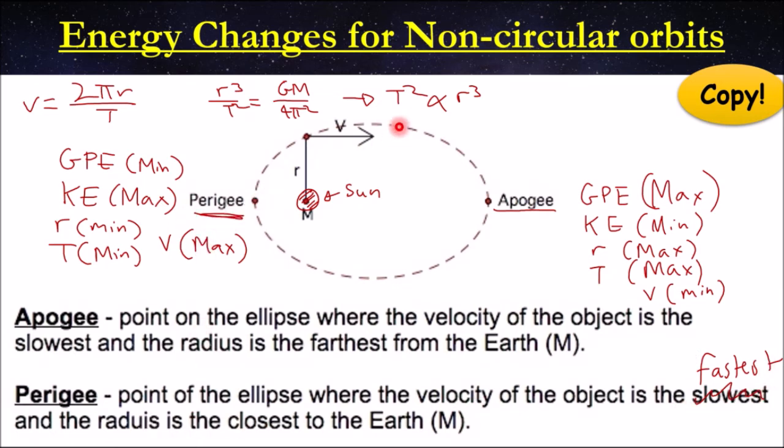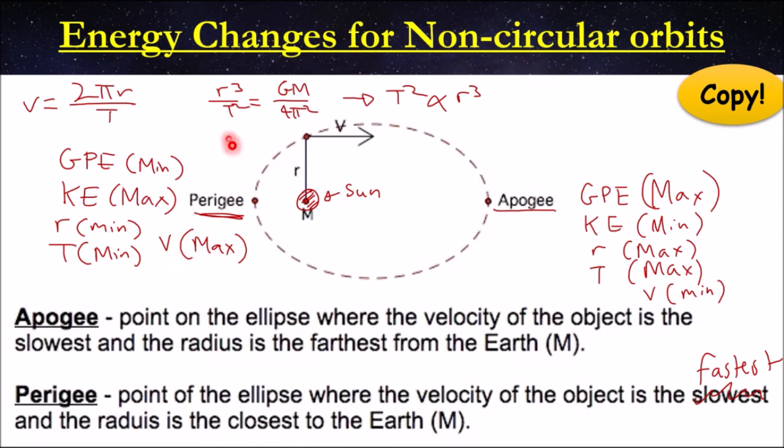So, as we know, if radius is directly proportional to the time period, that means if the radius is at its smallest point, the time period is also at its smallest point. If we look at our equation, v equals 2 pi r over T, then we have maximum velocity.